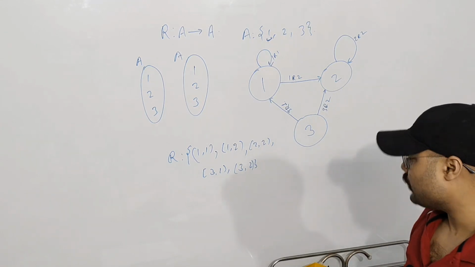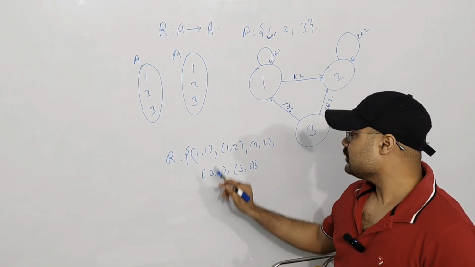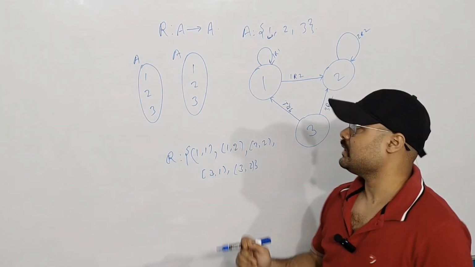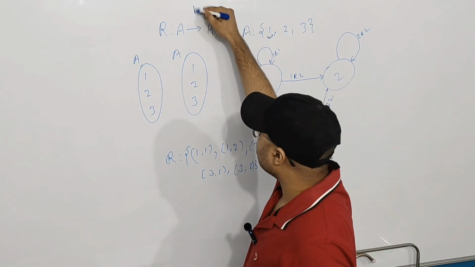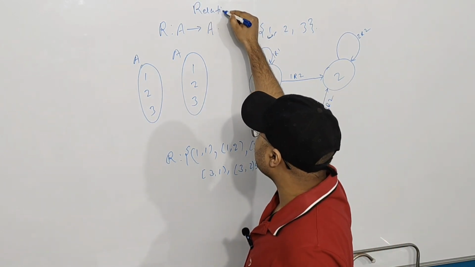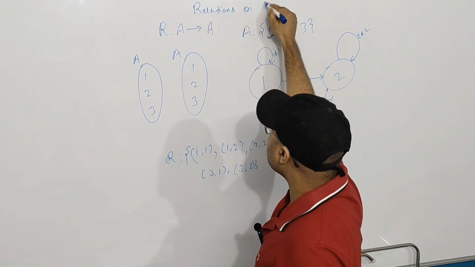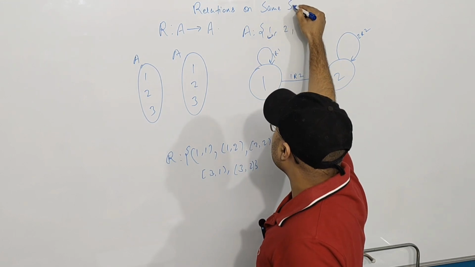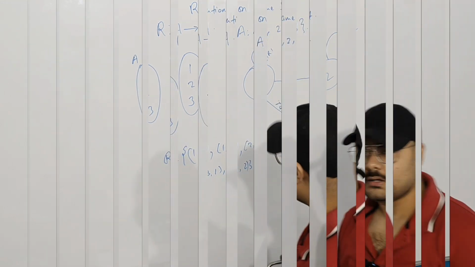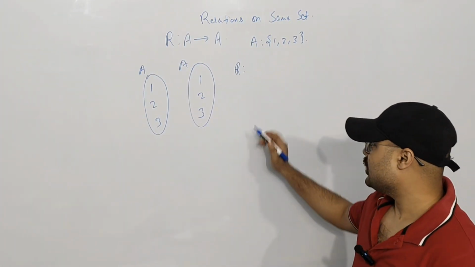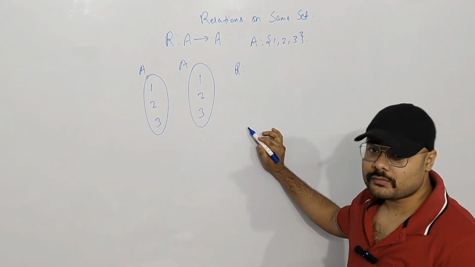So a relation is a set of ordered pairs, and here we are talking about relations on the same set. Basically, for any relation on the same set, in your graph, what are the vertices?